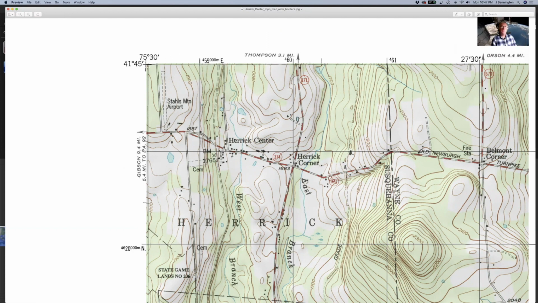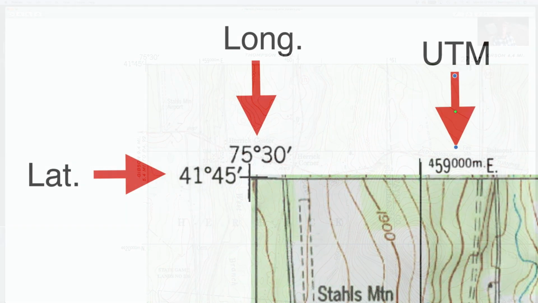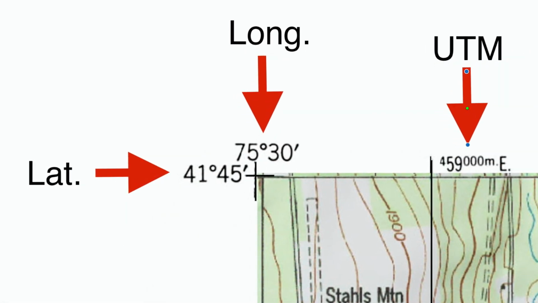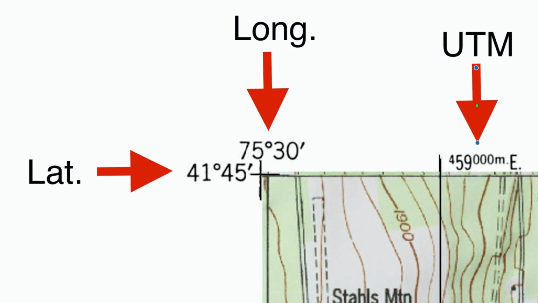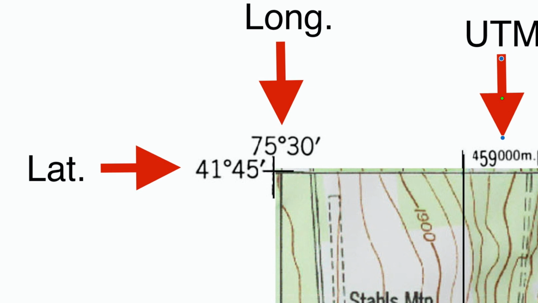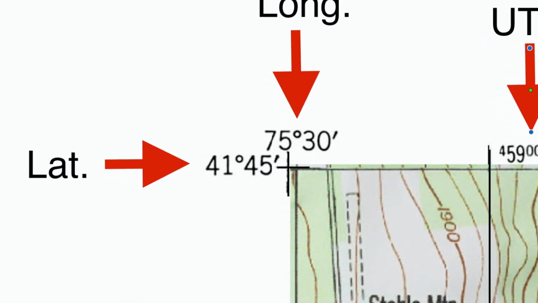If you go to any corner of a topographic map, you should see the longitude and latitude coordinates labeled. So here we see two numbers which are recognizable as longitude and latitude because they are designated as degrees and minutes.